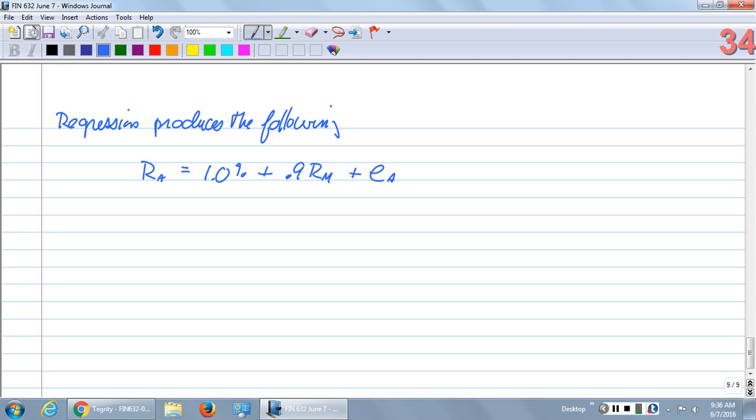It's on page 262, right? Asset B's returns were also regressed against the benchmark, and it produced these regression results.